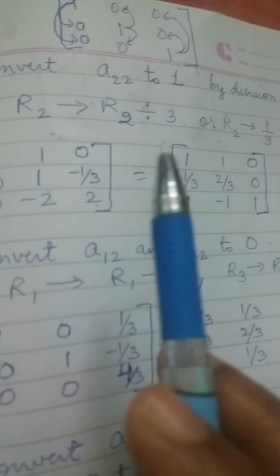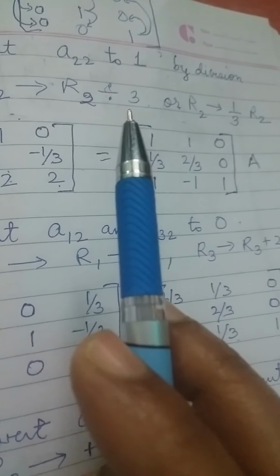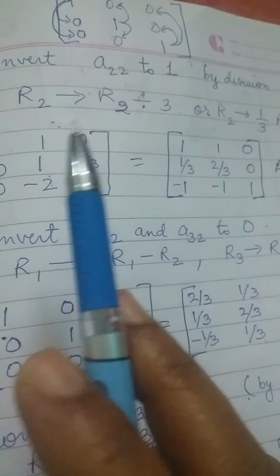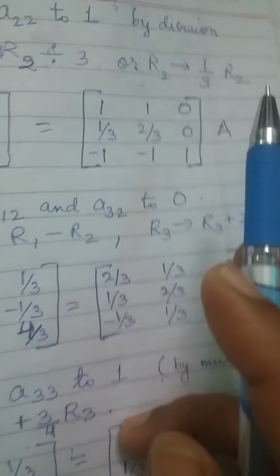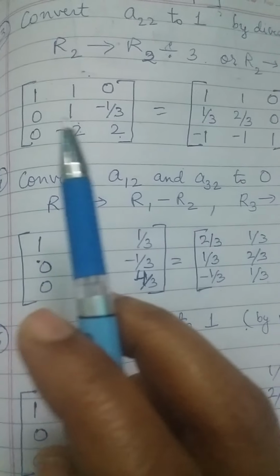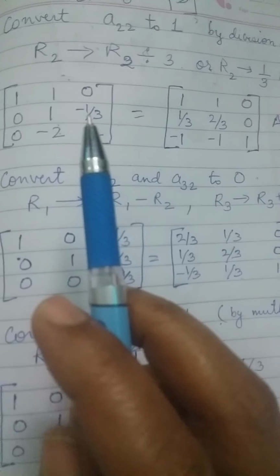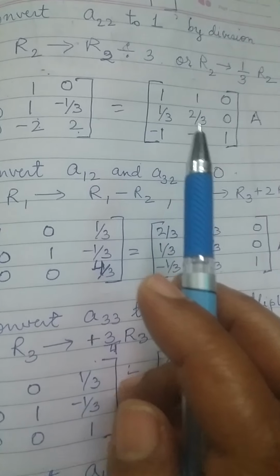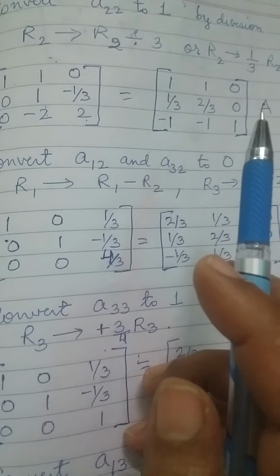So this 3 will be converted to 1 by dividing by 3. Or we can write R2 transforms to R2 divided by 3, or R2 transforms to 1 by 3 R2. So this way we are getting R2 changed. It will be 0, 1, -1 by 3, here 1 by 3, 2 by 3, 0, and then A.